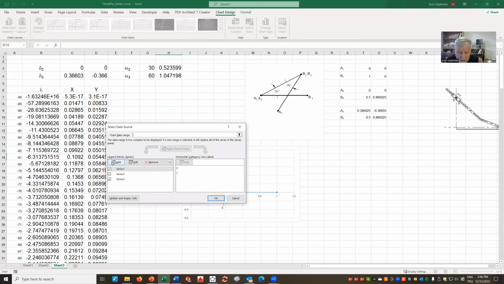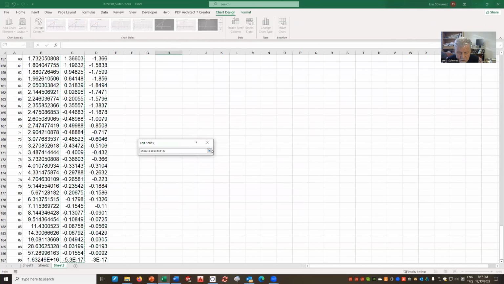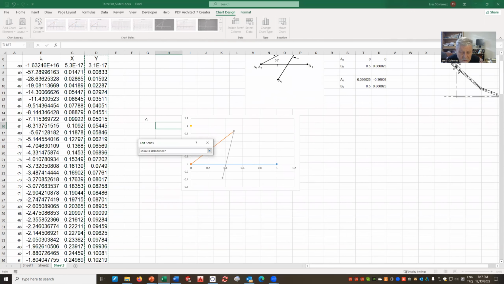Select data. I will add the locus of points whose 3 homologous points lie on a straight line. X values, Control Shift down. Y values, Control Shift up, but I have to go 1 down. 6 must be 7.